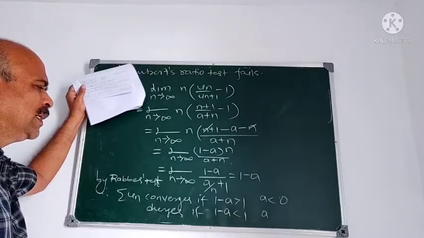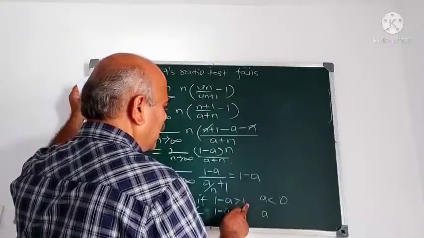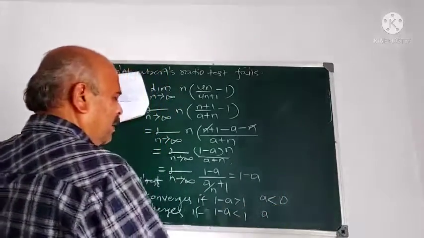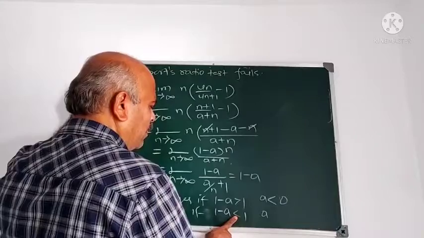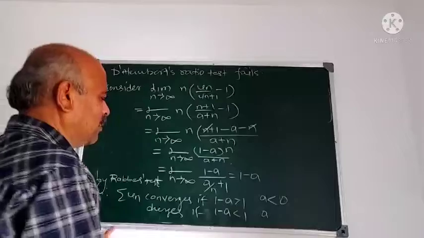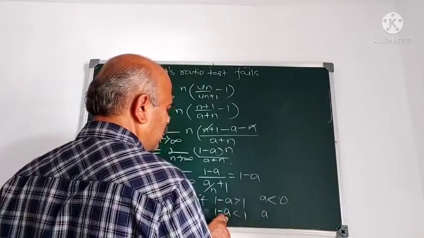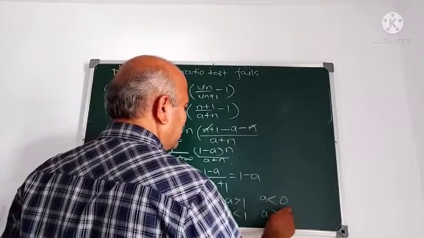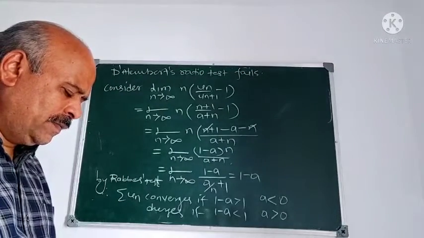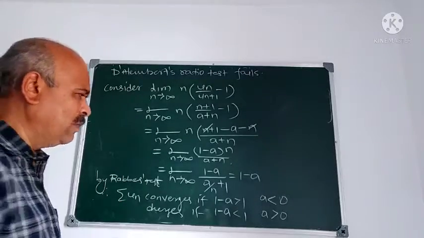Transposing, a is less than 0. It converges. And 1 minus a is less than 1, this diverges. Therefore a greater than 0, this diverges. A less than 0 converges. A greater than 0 diverges.